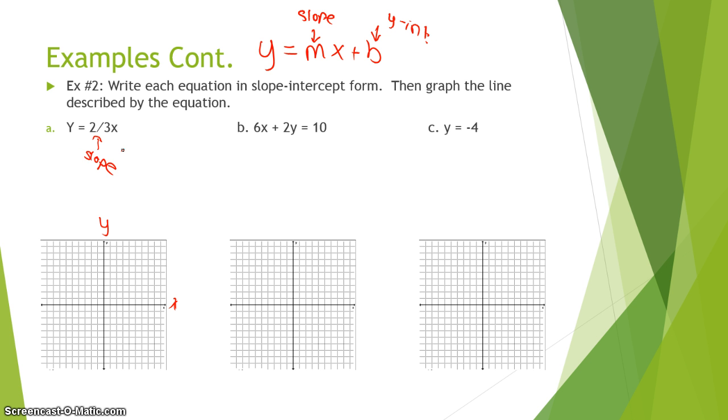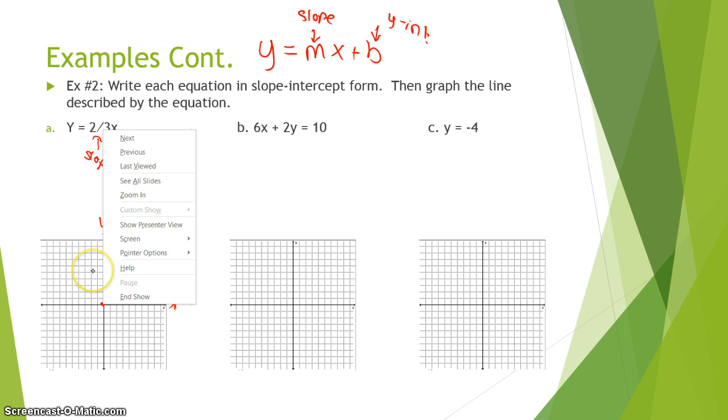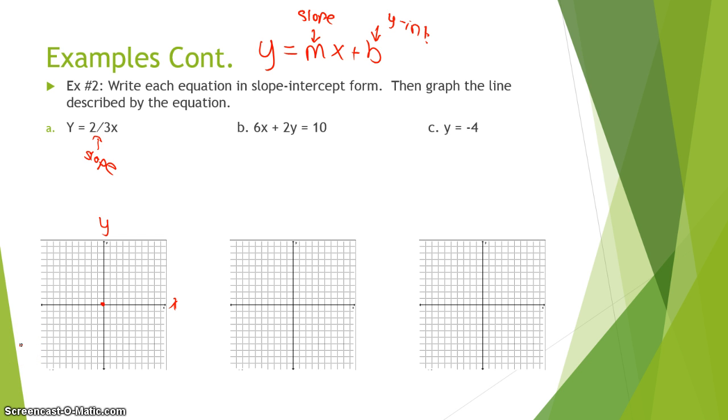When you're not given a y-intercept b, you always start at the origin, 0, 0. Now we can graph using our slope. We're going to rise 2, so from 0 we will rise 1, 2, and run to the right 3: 1, 2, 3, and I will put a point here.